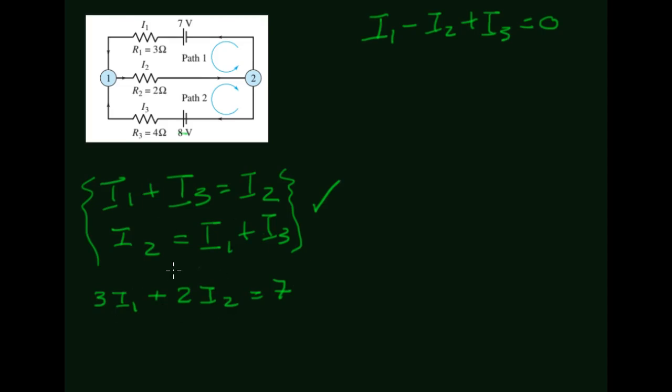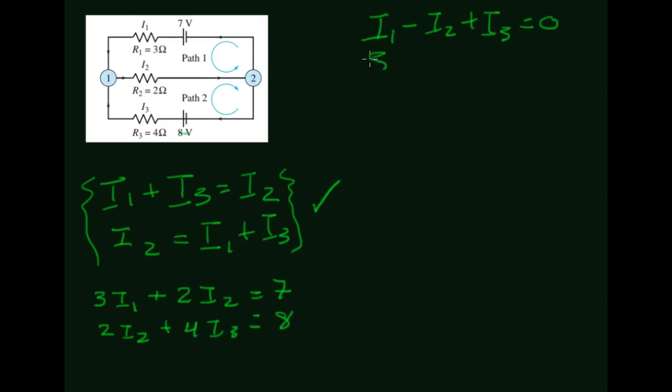Okay, so this is the equation that represents path 1. And then there's path 2 here, and its equation says that I have to have 2 times current 2 plus 4 times current 3 has to equal 8 volts.